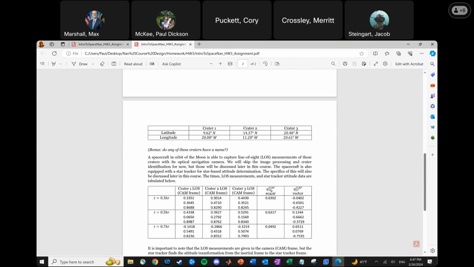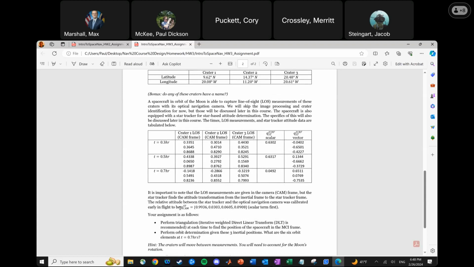And then we also have a quaternion, which will allow you to go from the International Celestial Reference Frame to the Star Tracker frame. That's presented as a scalar and a vector. We also have a quaternion that allows us to go from the Star Tracker frame to the camera frame. And we know that in order to solve a direct linear transform type problem, we need to be working all in one frame. So y'all will need to do some quaternion math.